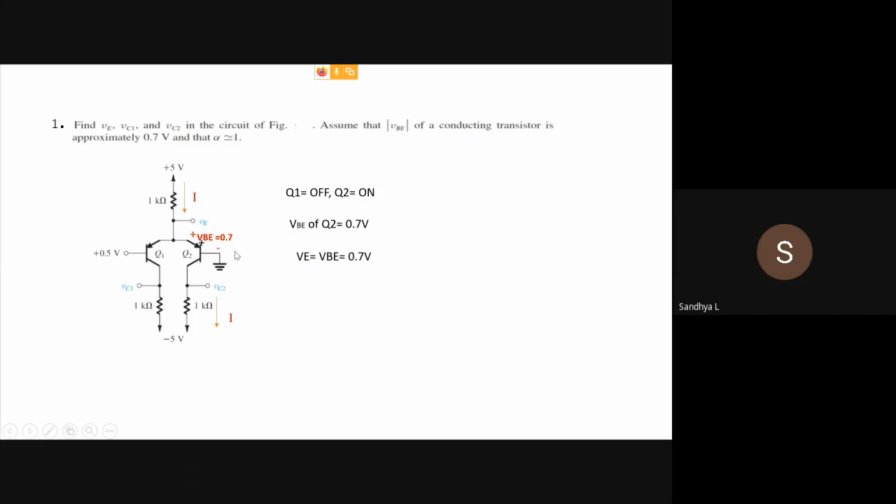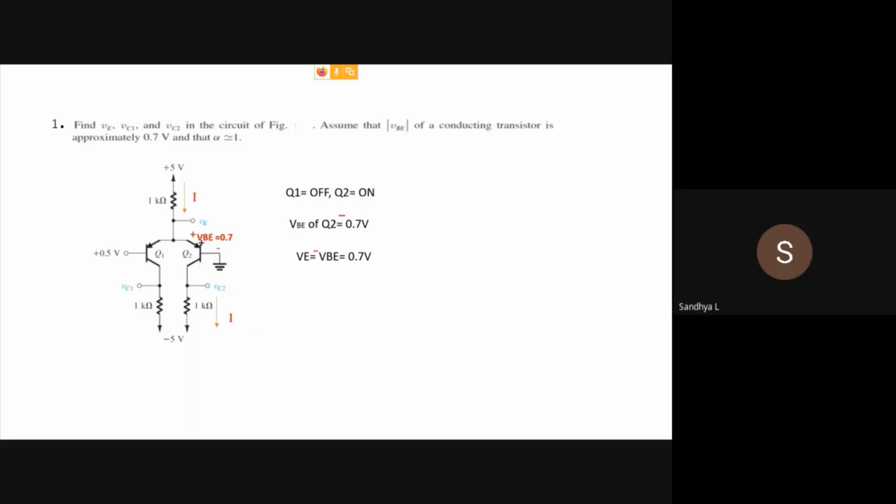So VE is equal to 0.7. VBE of Q2 is minus 0.7 and VE is equal to minus of VBE, so that is equal to 0.7.